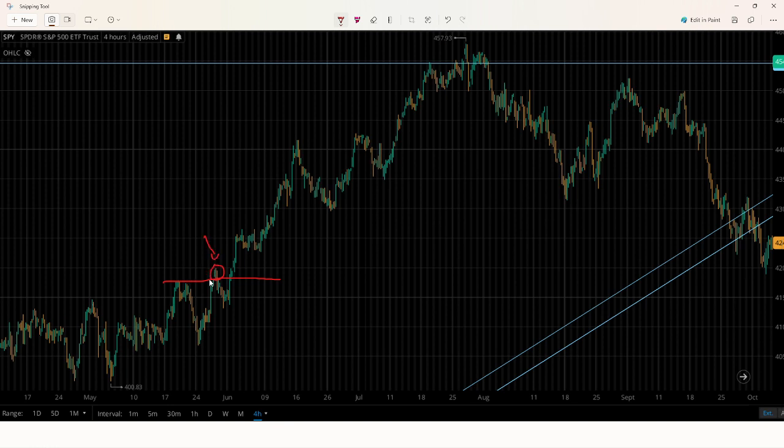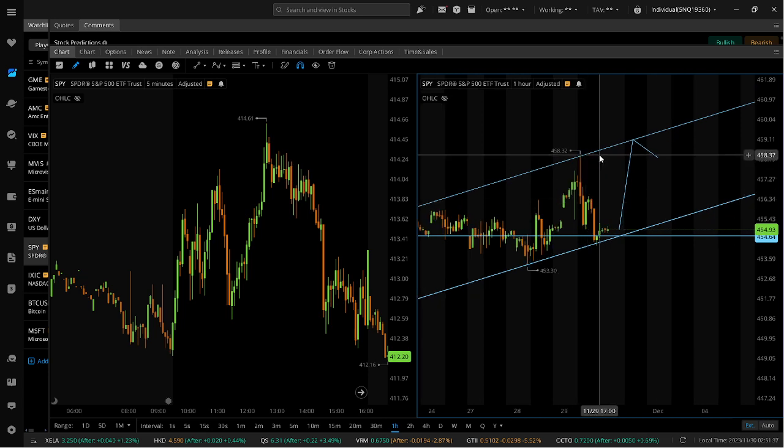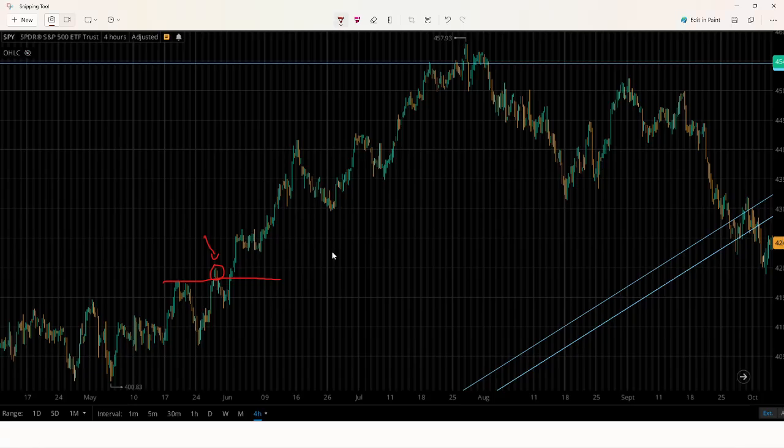So this is what we have yet to see play out, and it's going to go above the recent high, and the recent high is this 458.32, and it comes down pretty far before going back up.